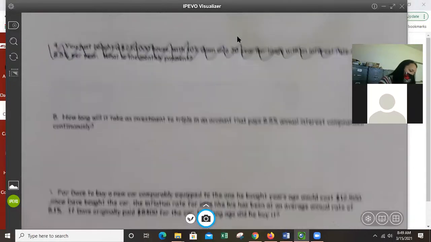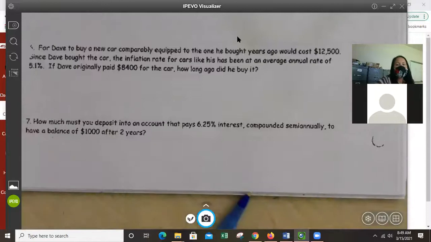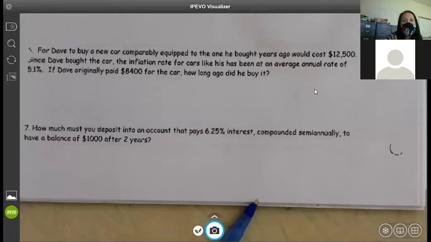New car. Here's one at the very bottom. Dylan, I hope that helps.